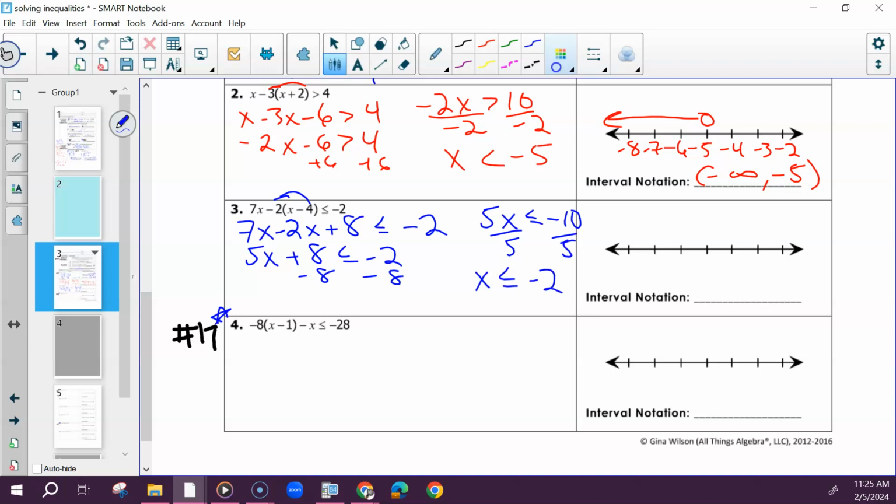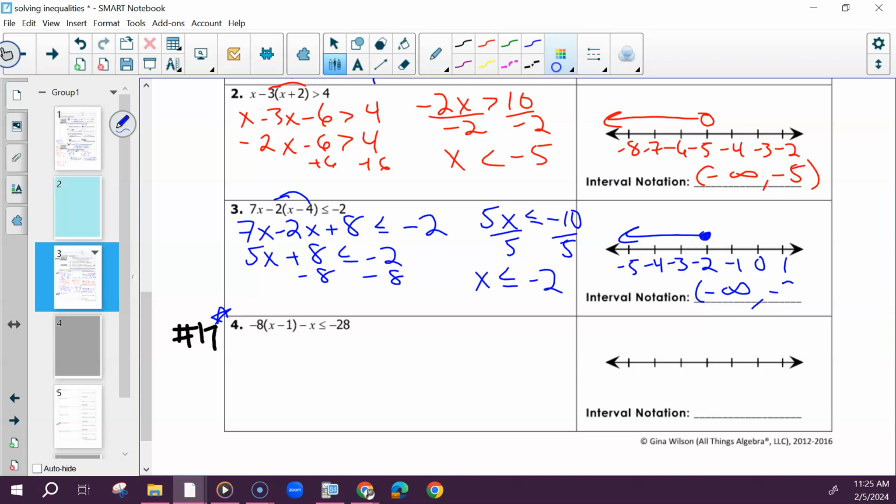So when we graph this, is this going to be open or closed? Closed. Going to the left or to the right? Left. Similar to number 2, where would this one start? Negative infinity. And where would this end?